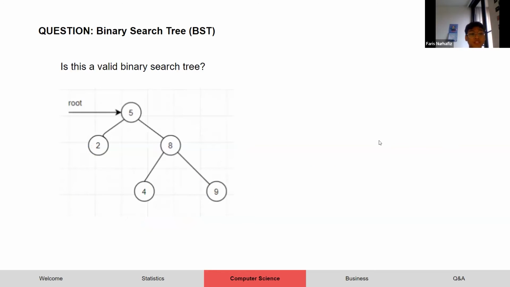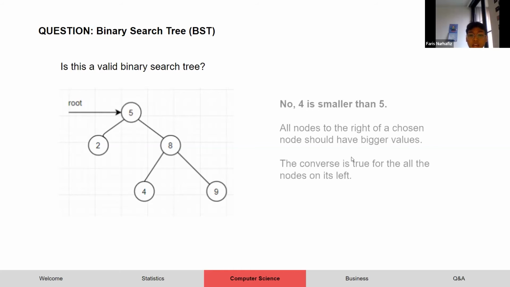Second question, is this a valid binary search tree? Let's have 5 seconds to think about it again. And the answer is no. 4 is smaller than 5. We all know that in a binary search tree, all nodes to the right of a chosen node should have bigger values. The converse is also true for all the nodes on its left.